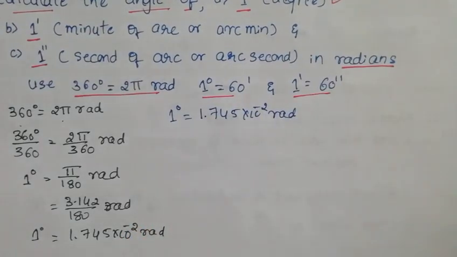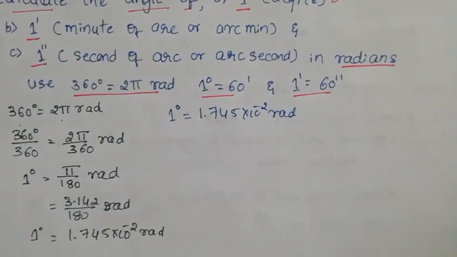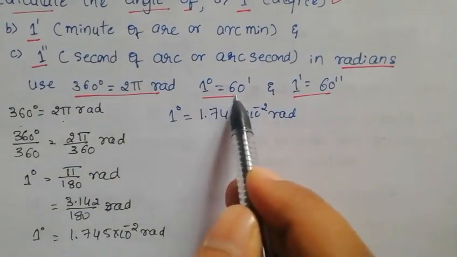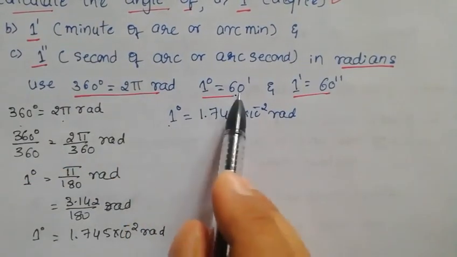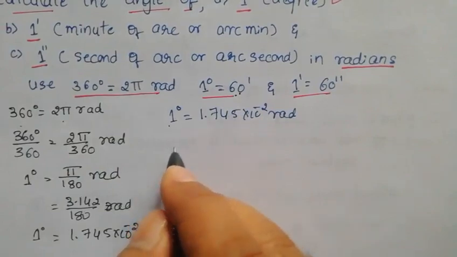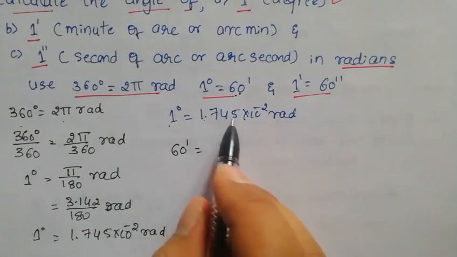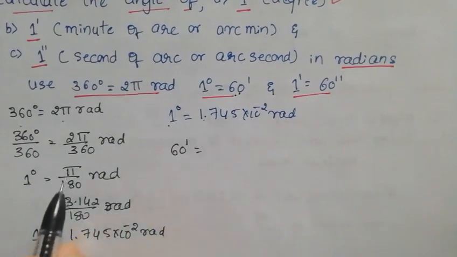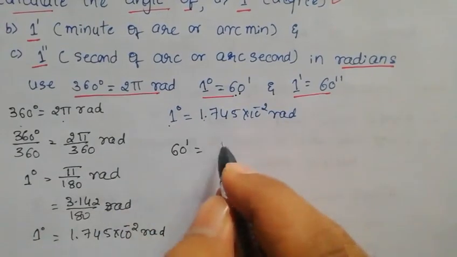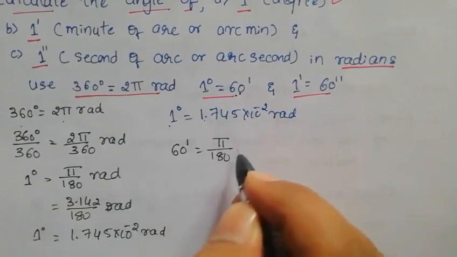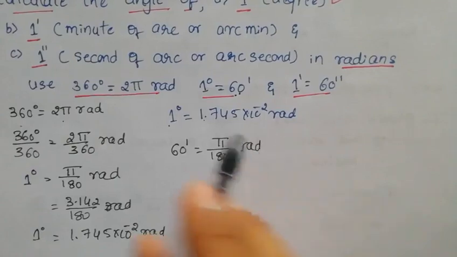Now we want to find 1 minute. As we know, 1 degree equals 60 minutes. So can I replace this 1 degree by 60? It will become 60 minutes equals 1.745 into 10 power minus 2, or you can use pi by 180 radian. Both are the same thing.